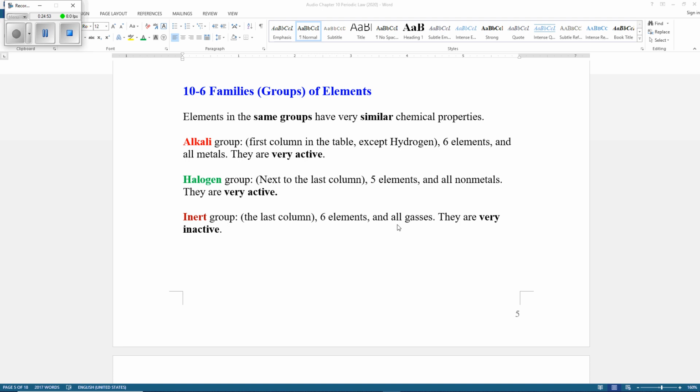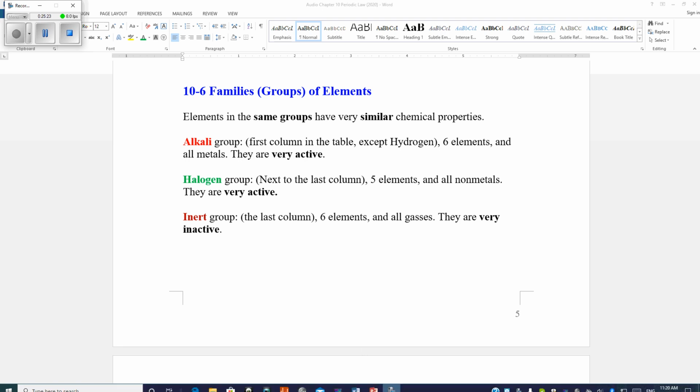They are all gases, and they are very, very inactive. So these three groups I want you to pay attention to, the vertical ones. The first one, most active metals. The second from last, very active non-metals. And the very last one, very inactive. They are also non-metals.